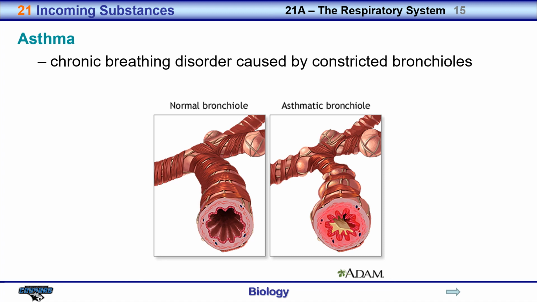They'll usually take a couple puffs of their inhaler, and it will cause the walls of the bronchioles to dilate. That means to get bigger around, to allow more air to pass through on their way to the alveolus. So it would become more like the one on the left after they've taken their inhaler.